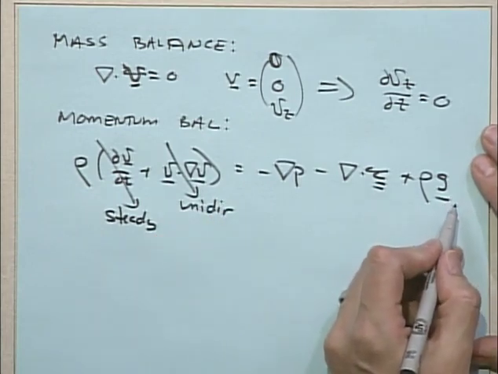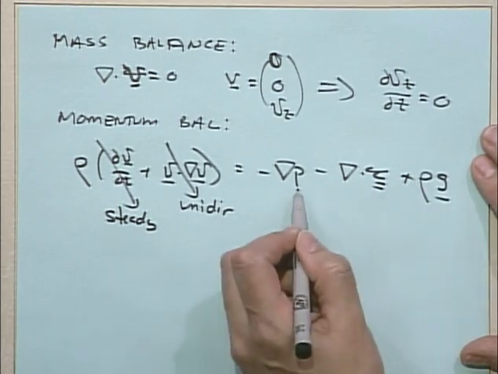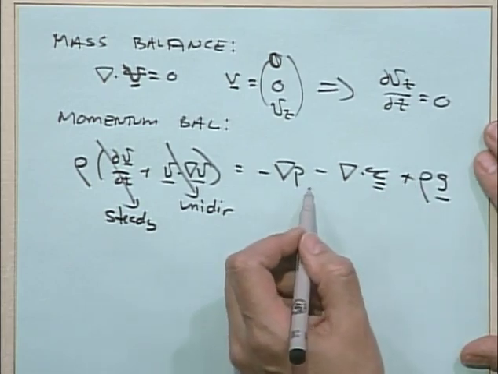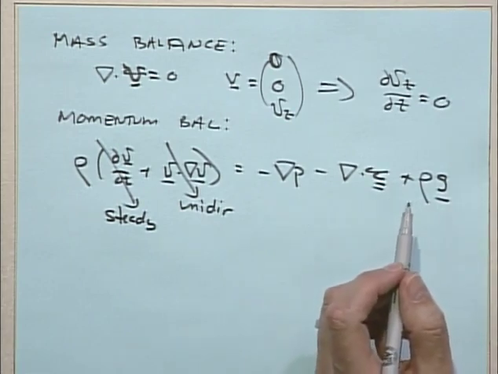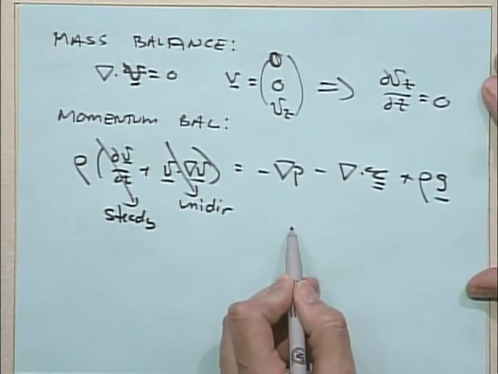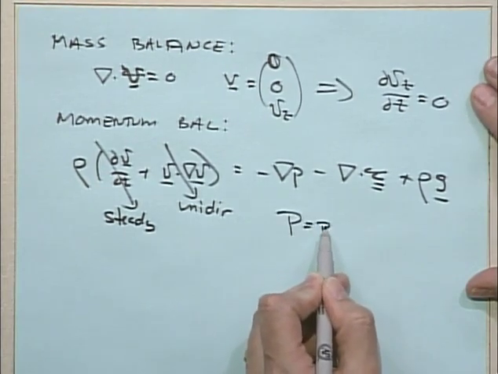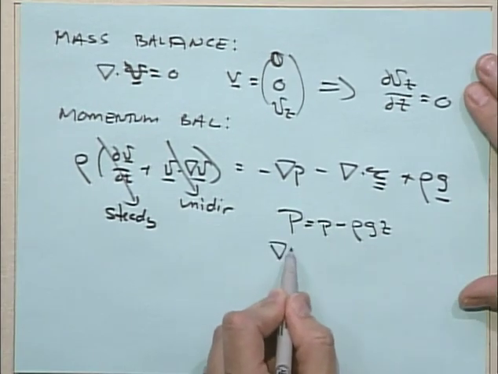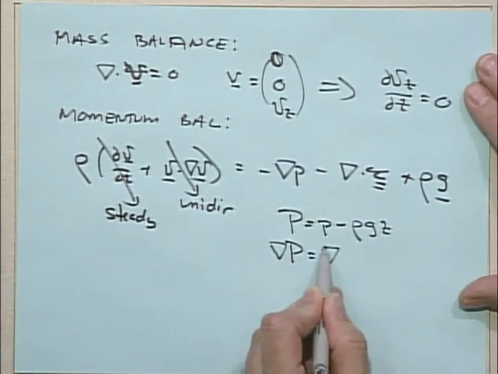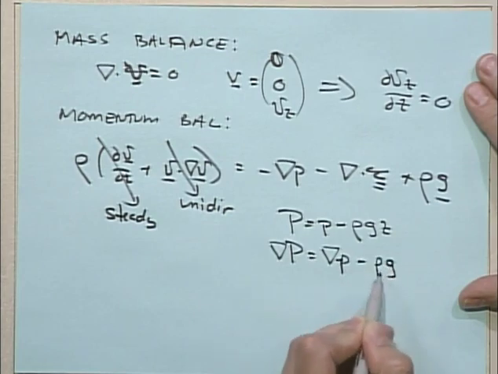And we could neglect gravity, but you can also wrap the gravity up into the pressure using this little technique that's shown on my slide here. If I write that a new pressure, a capital P, is equal to the pressure minus rho g z, then grad capital P is equal to grad little p minus rho g.